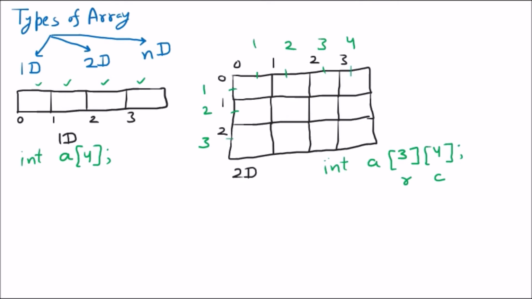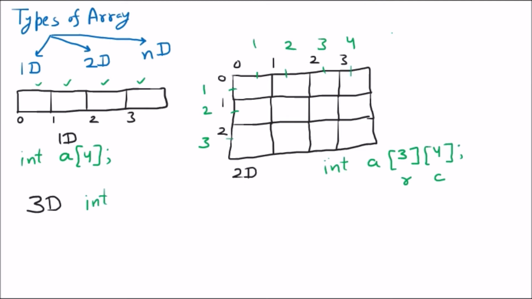In the C programming, or anywhere you go, mostly the 2D array comes into the picture. 3D arrays and further ND arrays will not come into any syllabus or any competitive exam. If I have to use the 3D array, then in that case there will be 3 blocks.